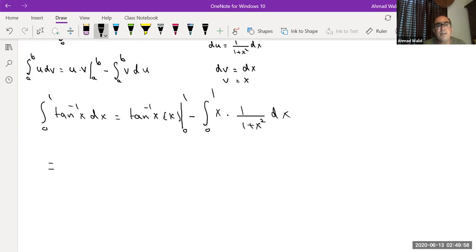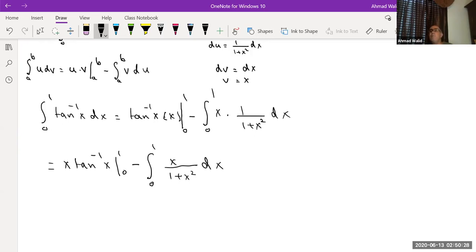This one equals x tan inverse x from 0 to 1 minus, if I write this one in a nice way for you, the integral from 0 to 1 of x over 1 plus x squared dx. What is the integral of x over 1 plus x squared? That's important to remember.